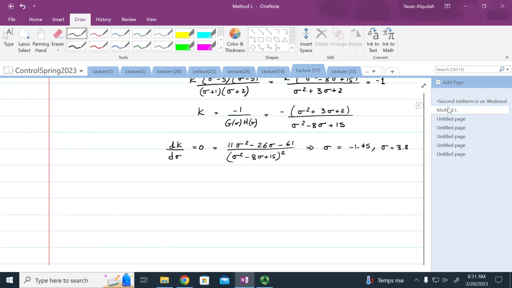Now the second method is we're going to take the summation of 1 over sigma plus zi equal to the summation of 1 over sigma plus pi, from 1 to m, 1 to n.